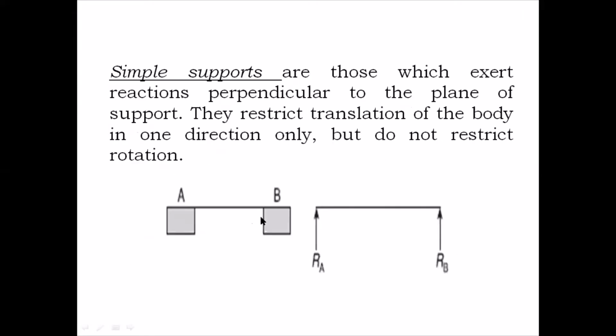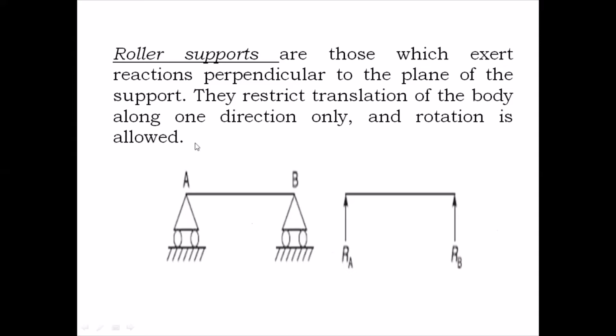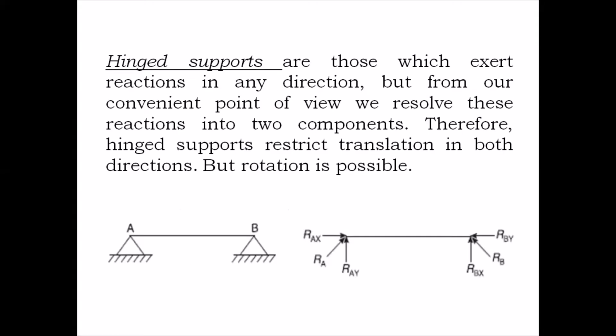So coming down to the first one, roller support, denoted by a triangle with small circles, and the number of reactions for roller support is only one, that is vertical. So it restrains translation in only one direction. When you come down to hinge, hinge is denoted by a triangle with a small line.